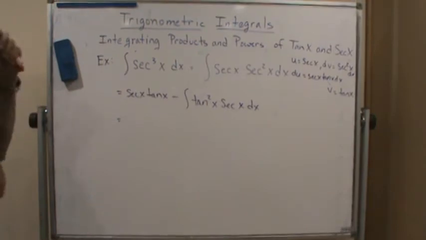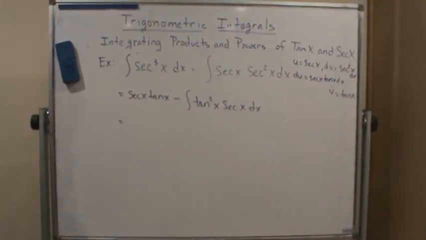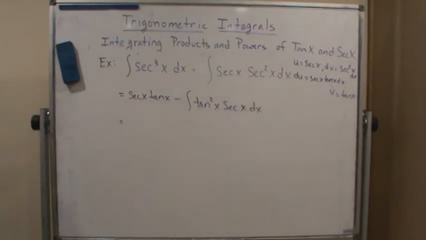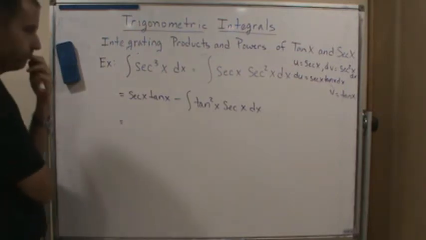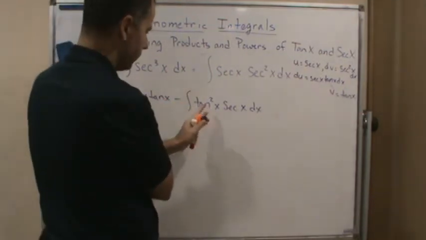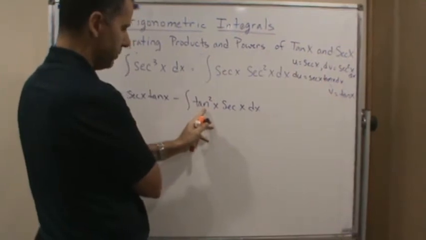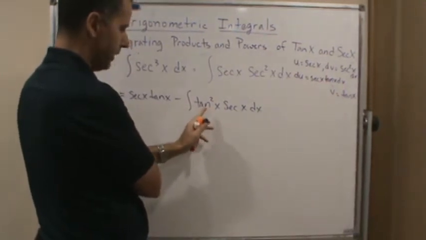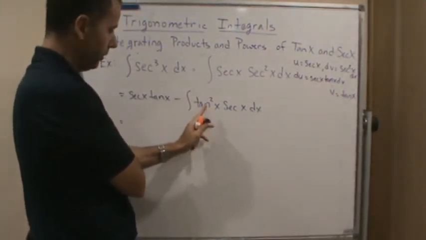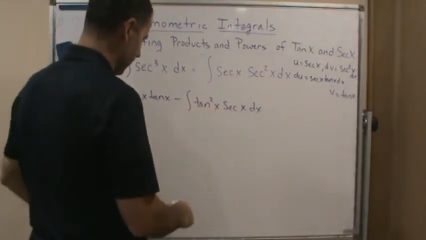Okay. There's nothing I can do with that. I mean, I can't do anything. So what I'm going to do is I'm going to replace this with secant, because I know the identity for this one, right? So let's make it in terms of secant.